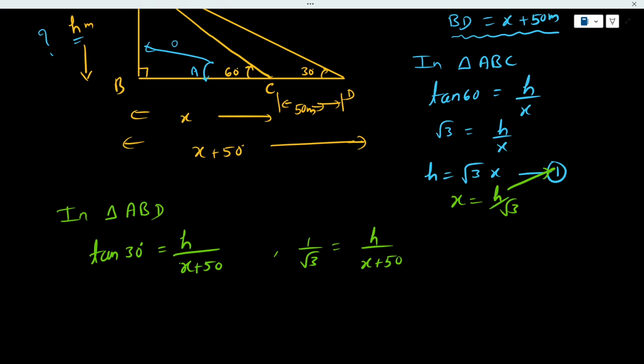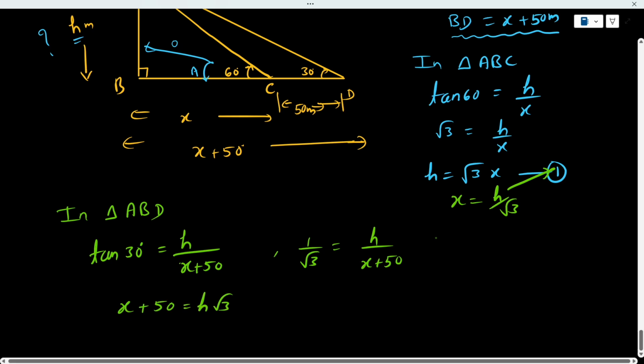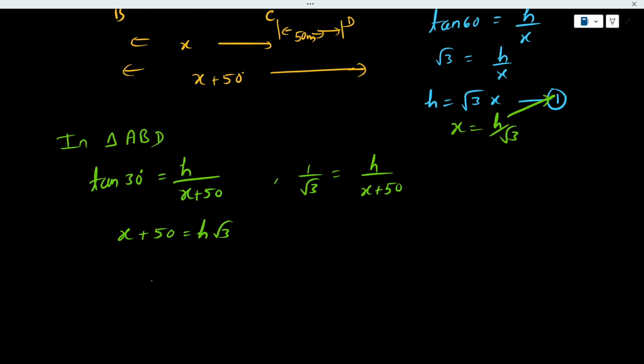Or if you need to find out x also, you can take the same equation. So what will happen here? I'm first doing cross multiplication: h root 3. Now substitute here the x value, which is h by root 3, plus 50 equals h root 3. You don't need to rationalize later on at the end. You can rationalize after finding the LCM, right?